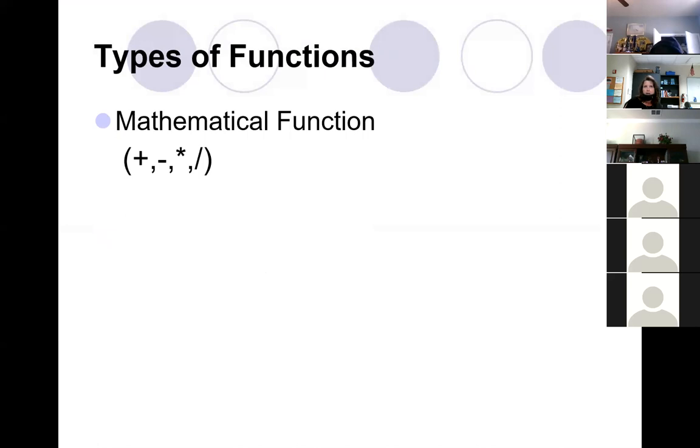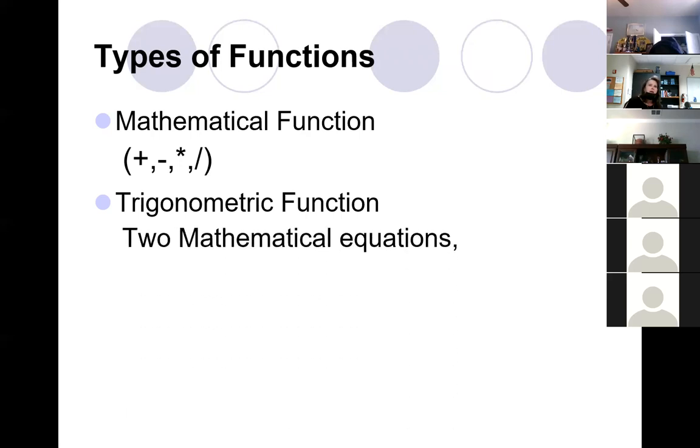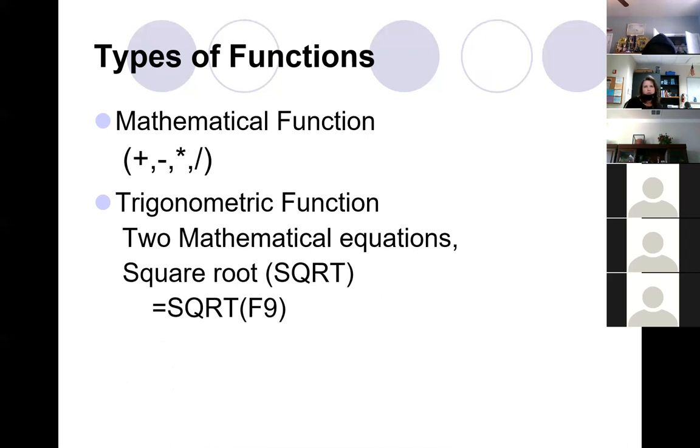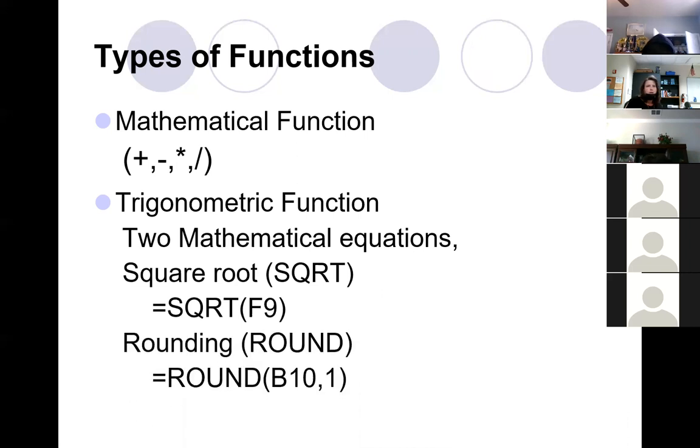So again, different kinds of functions, functions that add, functions that multiply, square root functions. Those are some of the trig functions that are out there, rounding functions. So this one says we're going to find the square root of whatever number is in F9. This one is we're going to round whatever's in B10 to 1 decimal place.